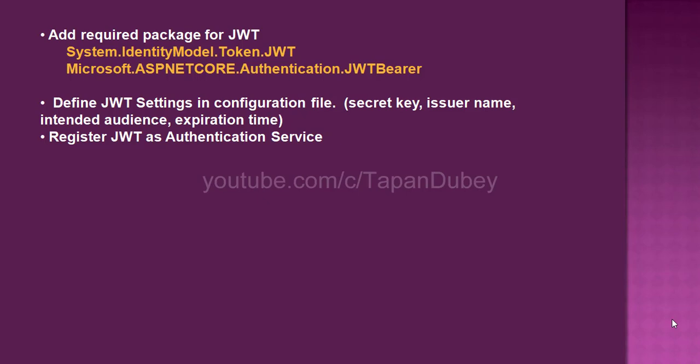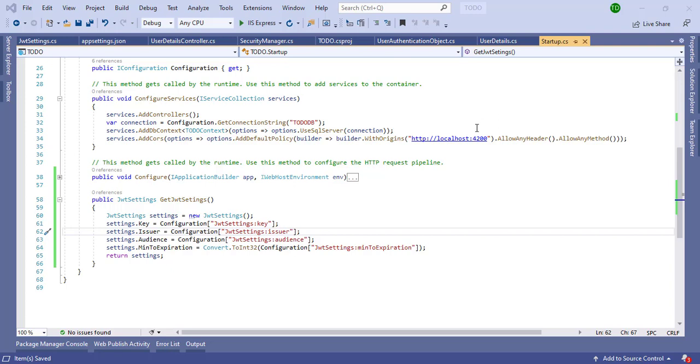For that we need to go to our ConfigureServices method in the Startup.cs file, and add authentication there and tell it that it's a JWT bearer authentication. So let's start. Here in the Startup.cs file, first let's get these JWT settings in one instance.